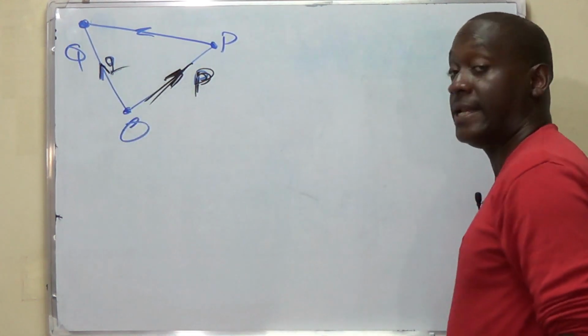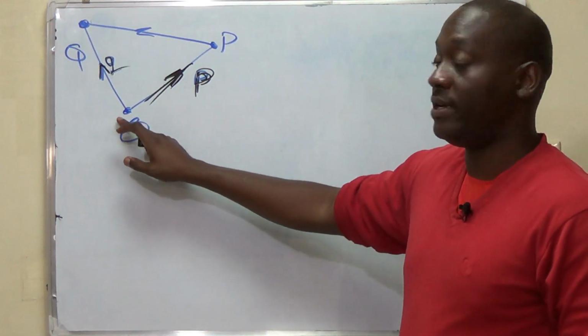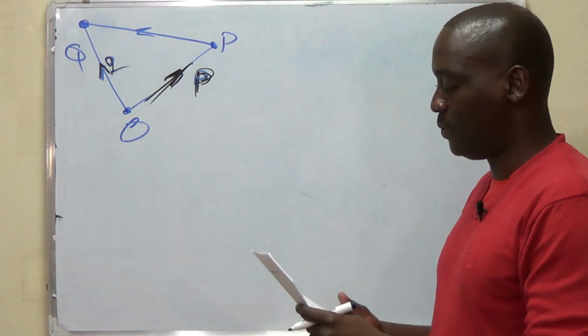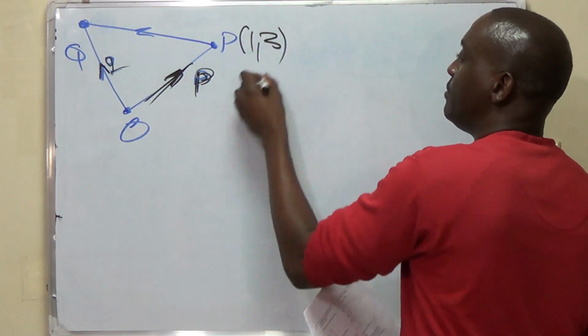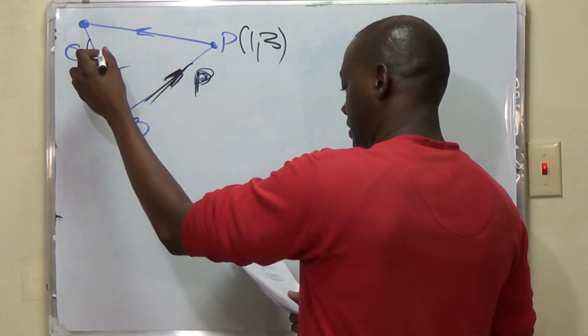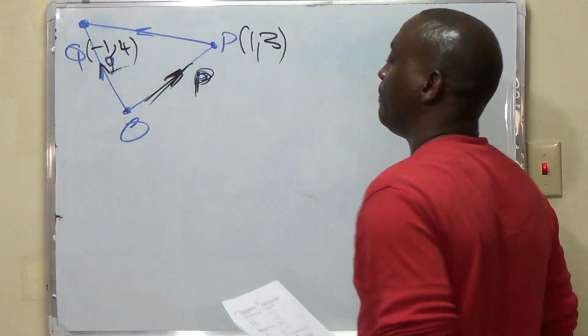In other words, the position vector p is a vector that moves any point from the origin to the point P. We know in this case that P is the point (1, 3), and Q is the point (-1, 4).